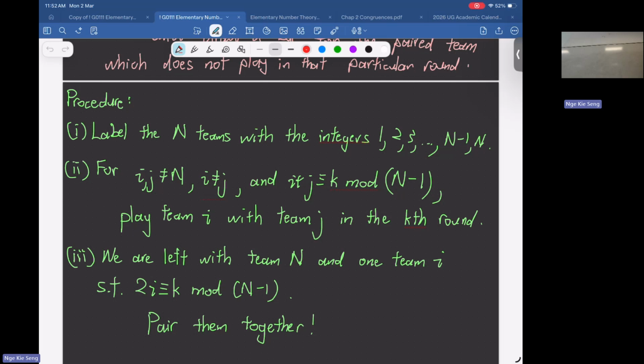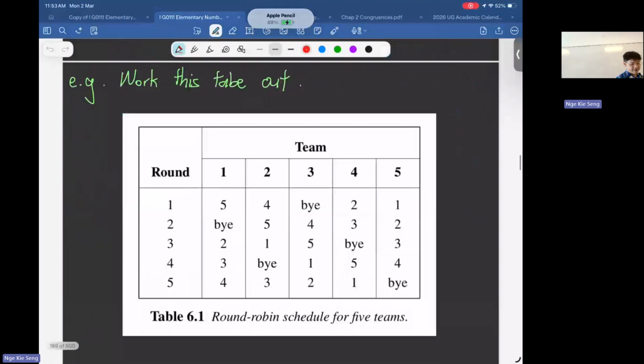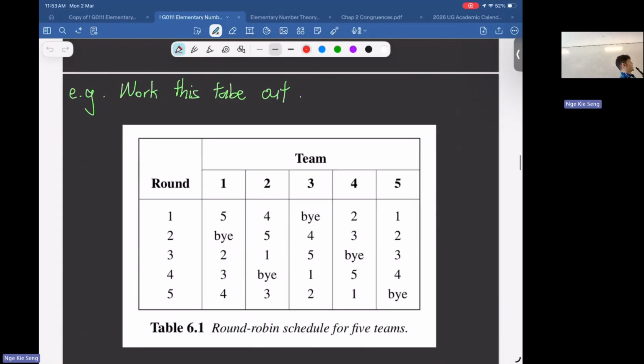There's a proof, but this is the procedure. So next time you join a badminton club and want to do round robin, apply number theory. We even have this calculation for you; you can go and verify it. For example, let's say n equals 6 in this case. The bye here means the team plays the 6th team, but the 6th team is nothing.